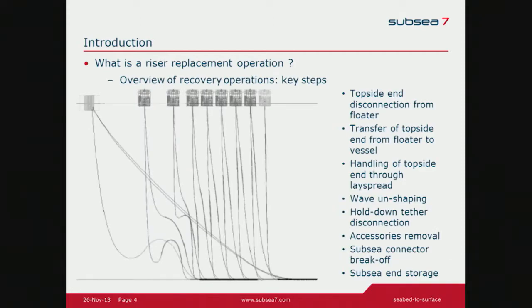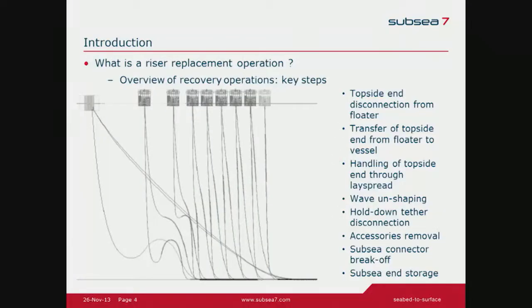What are the key steps that we need to have in mind as a real start when we do riser replacement? First, this shows an example of a step-by-step subsea snapshot of a riser being recovered, starting, in this example, from the topside end, but we also do the other direction.